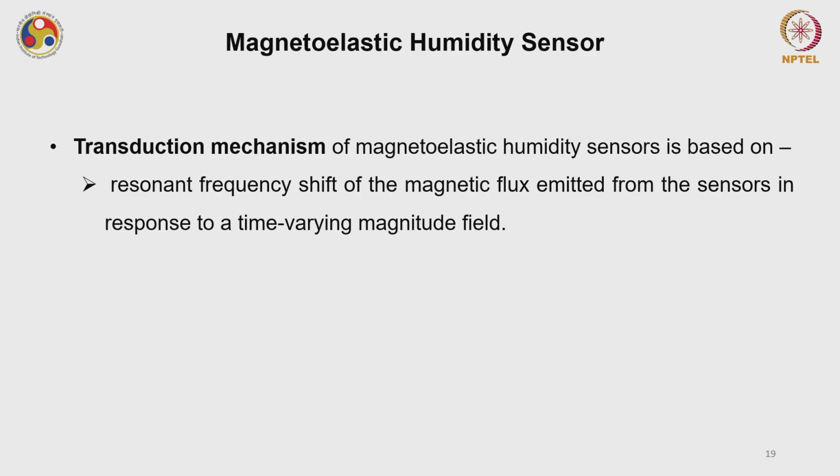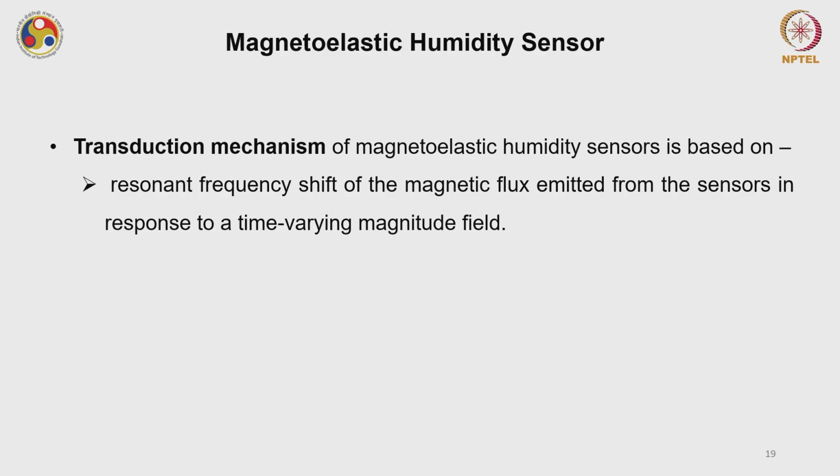So if an elastic material changes its property with some external magnetic field, or because of stress applied to the elastic material there is a change in the magnetic field associated with it, I can say that the material possesses some magnetoelastic property. So what people have done is they have utilized this property of some elastic material to develop humidity sensors.